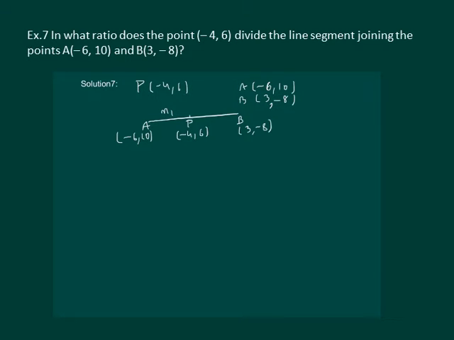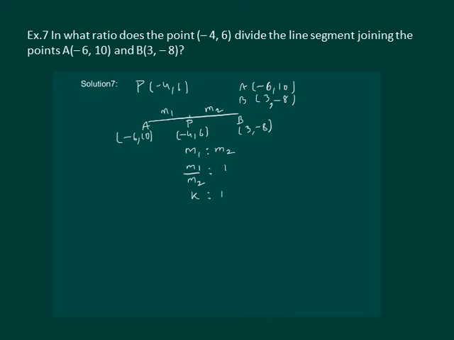Actually, according to the section formula, we should take m1, m2 and calculate the ratio, but there is an alternative method which is easier. We start with the ratio m1 is to m2, which can also be written as m1 by m2 is to 1, which can be written as k is to 1.